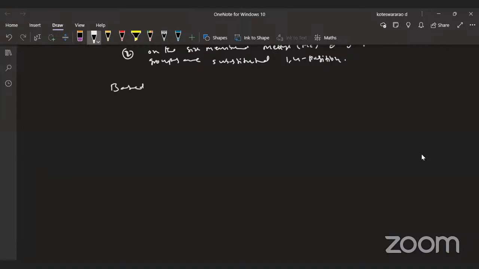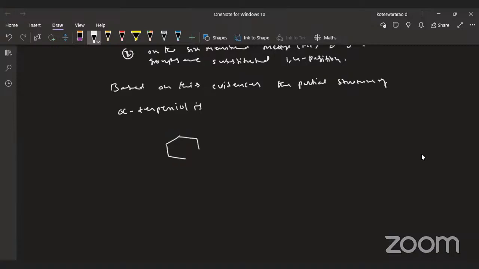Based on these evidences, the partial structure of alpha terpineol is existing with a 6-membered ring. Then in the 6-membered ring, the methyl group is at first position, isopropyl group at 4th position.